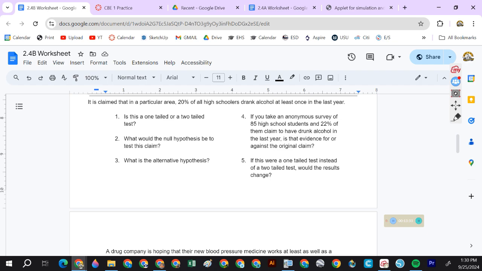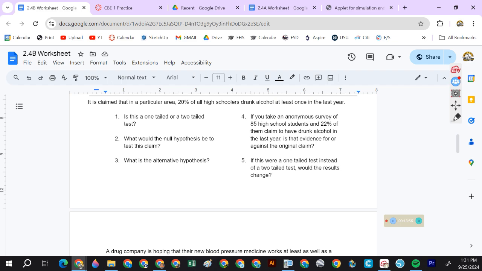Okay, that's a two-tail. It is claimed that in a particular area, 20% of all high schoolers drank alcohol at least once in the last year. Is this one-tailed or two-tailed? Are we assuming that our sample is going to be greater than this or less than this?